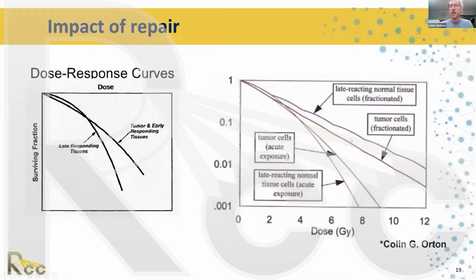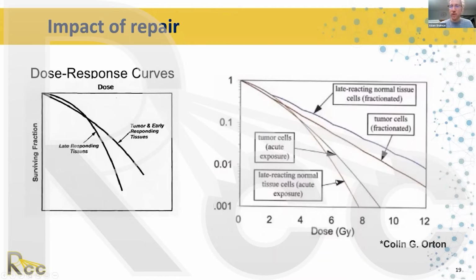And so here's where we go from late responding normal tissues that, if you just gave a single fraction, would have done really poorly, right? This is the survival curve. We want our late reacting normal tissue cells to have more survival.